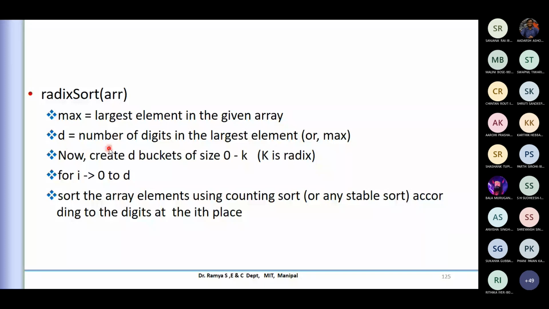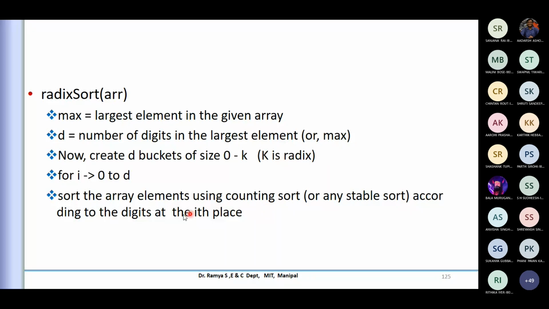Then create a bucket, which depends on how many digits there are. If the width is 5, I have to go for 5 iterations; if I've got 3-digit information, I have to repeat that for 3 iterations. That is how we'll be going for a loop there. Now again, the size here depends on the radix, which is the base system we are referring to.